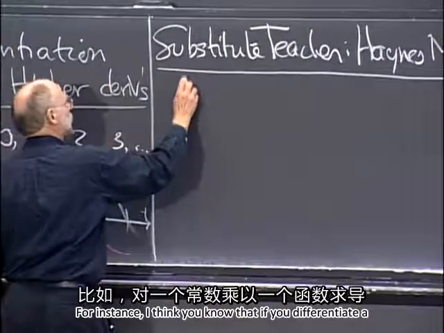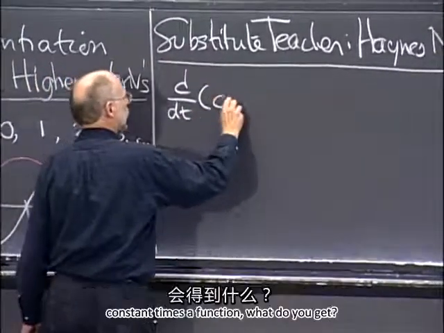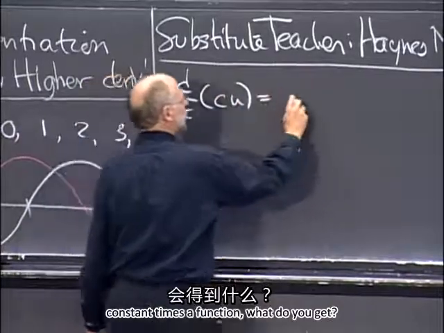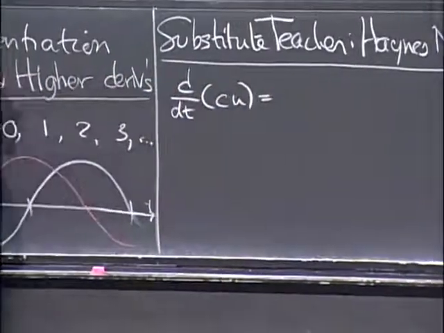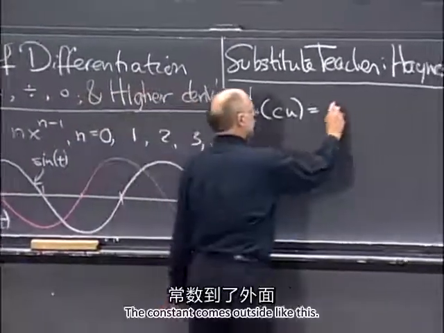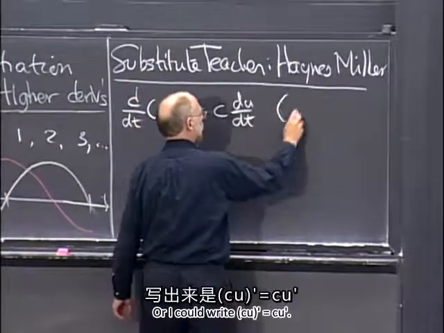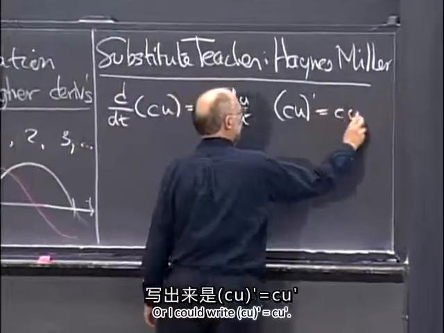For instance, I think you know that if you differentiate a constant times a function, what do you get? The constant comes outside, like this. Or I could write (cu)' is cu'.